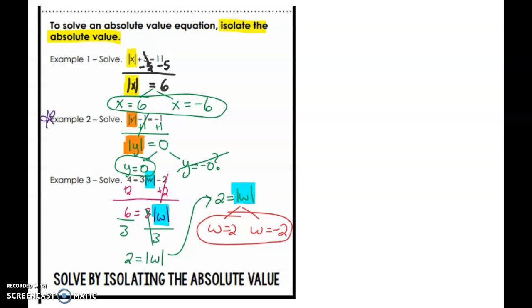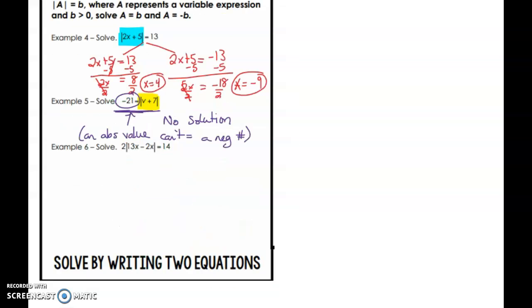Do you see how the absolute value was equal to a -1? But it wasn't no solution. And the reason why is because I can't judge it until I get the absolute value by itself. So look here. Here is where the absolute value is all alone, and it no longer equals a negative number, and that's why I was able to solve it. So don't make your judgment and say no solution until the absolute value is alone.